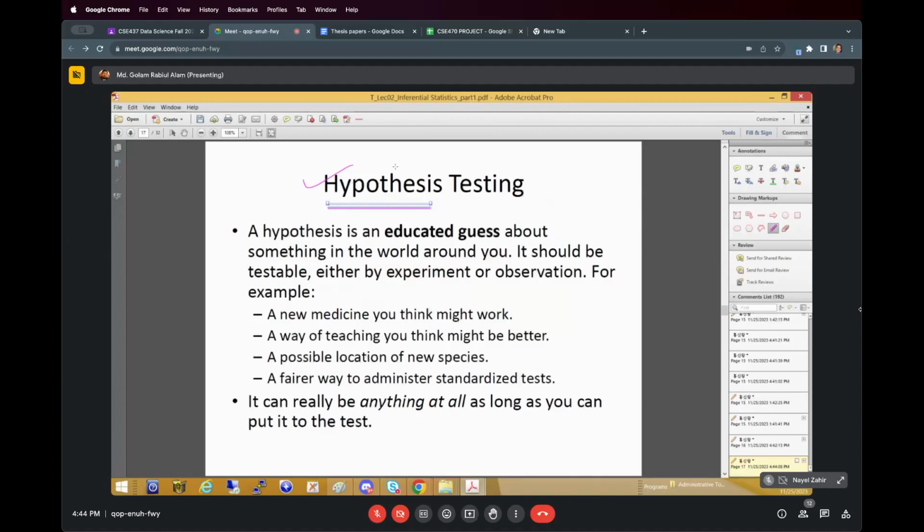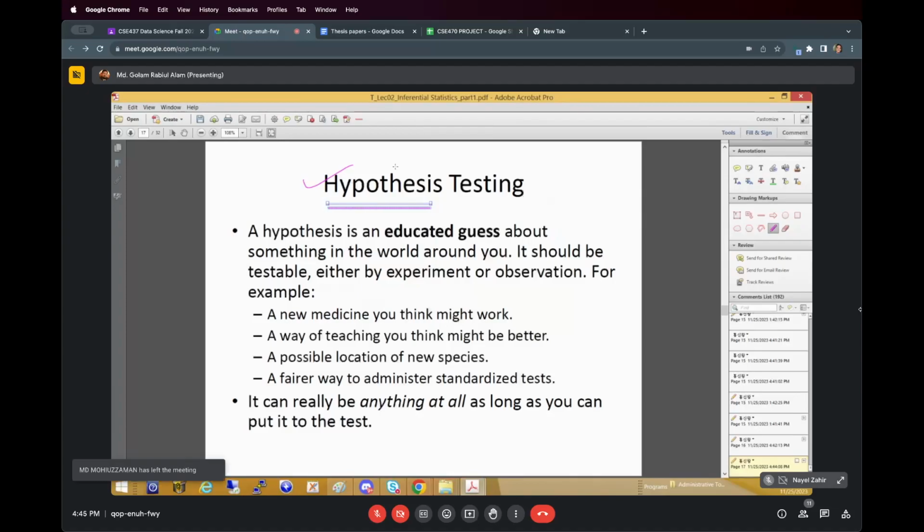So we can say, a new medicine you think might work. You invented a new medicine, and then maybe you thought that it will work perfectly. But in that case, maybe you test that medicine on several patients and you get a good result.